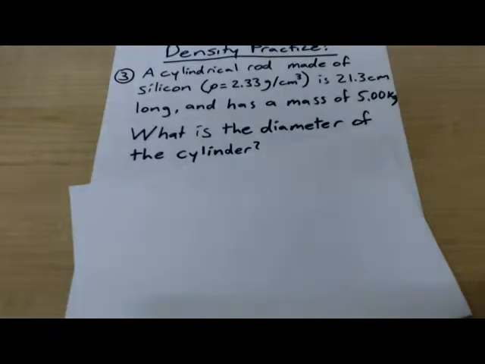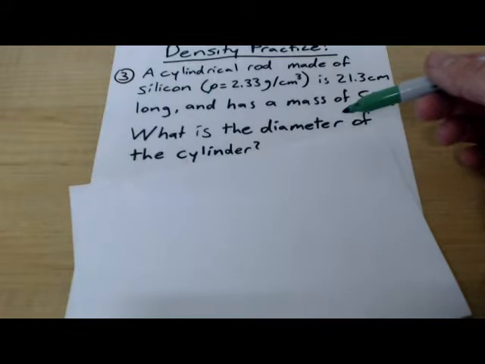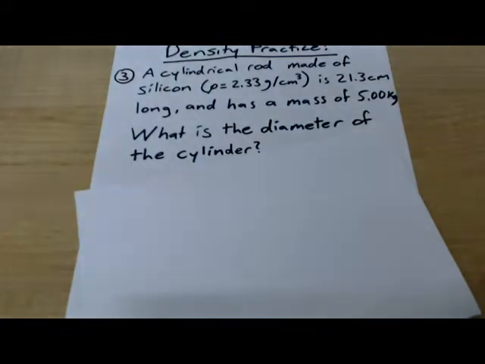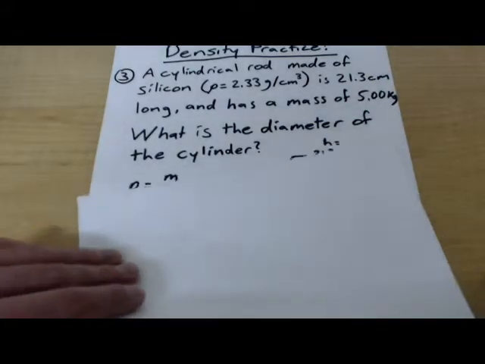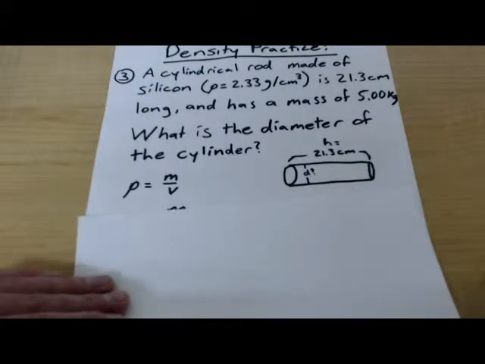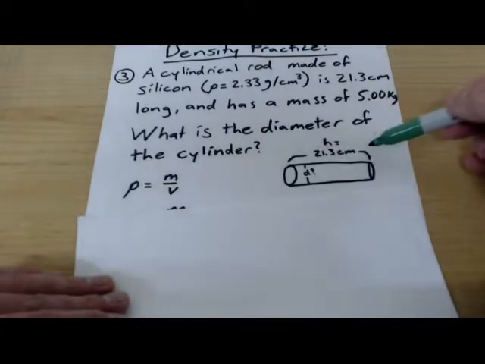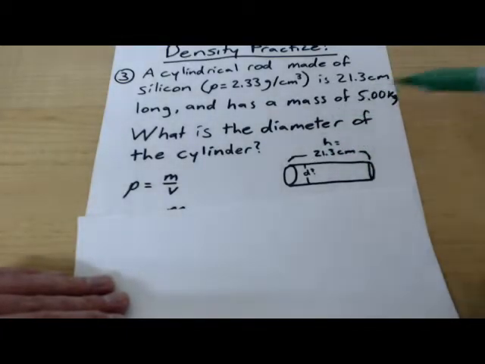And then once we have the volume, we can use this length and the formula for volume of a cylinder to figure out the radius and therefore the diameter of the cylinder. Let me show you what I mean. So I've sketched out a drawing of our cylindrical rod, 21.3 centimeters, and we're trying to find the diameter.